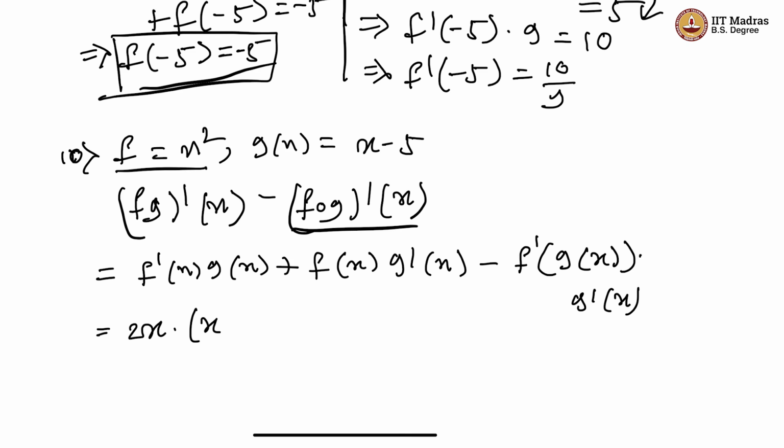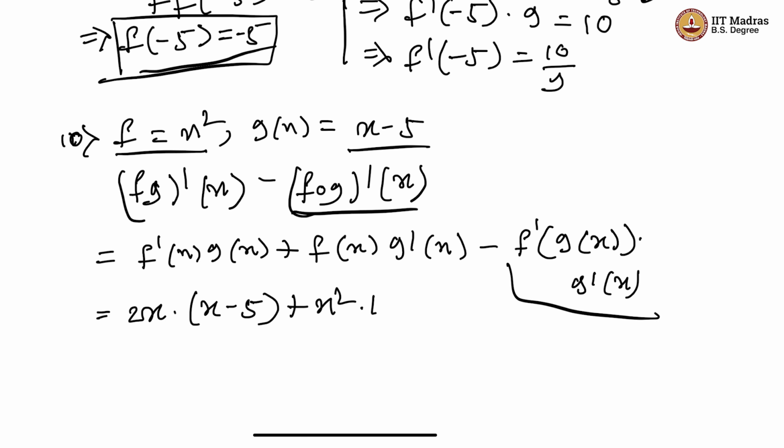And what is g? g is x minus 5, simply, and g x is x minus 5, hence the derivative will be 1. Okay, now just do this. So f dash, that means 2x, f dash of g x, so we will write x minus 5 instead of x, into g dash x, g dash x is 1.